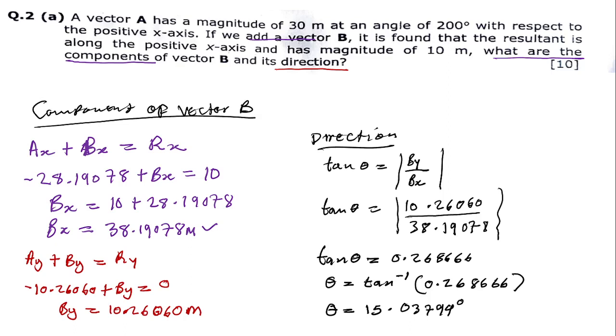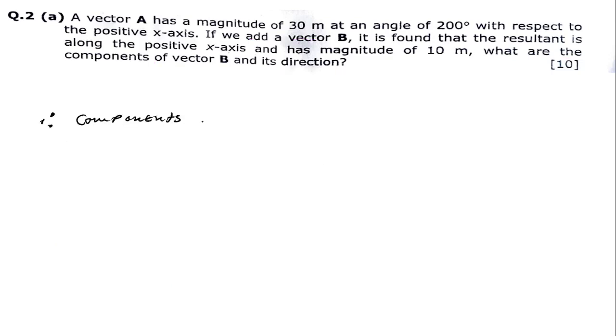So you're going to say, therefore, the components of vector B are that Bx is simply equal to 38 meters. When you round off, it's 38 meters. I'm following the round off in the question.